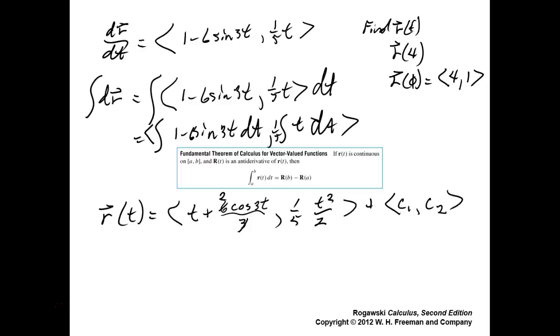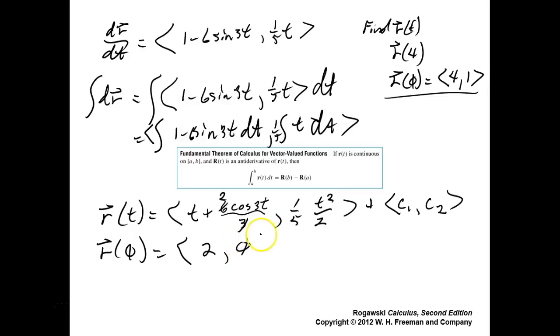Follow it? Okay. Now what we know from up here is that R of 0 is equal to, let's first plug in. What do we get there? 0 plus 2, comma, 0.